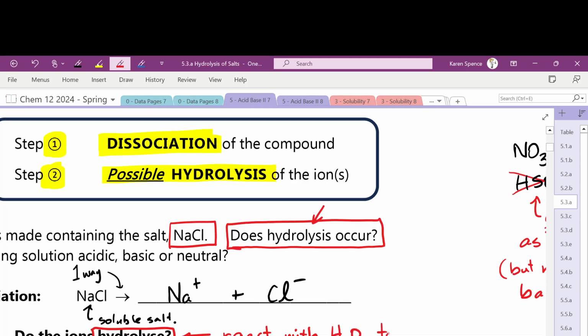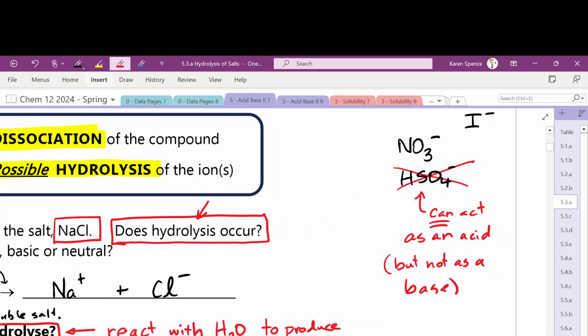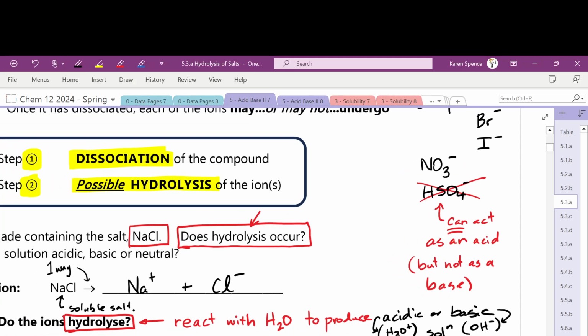Water to produce what? Acidic or basic solution, which basically means you're producing H3O plus or you're producing OH minus. Yes? So if you're producing an acidic solution, you're producing H3O plus. If you're producing a basic solution, you're producing OH minus.